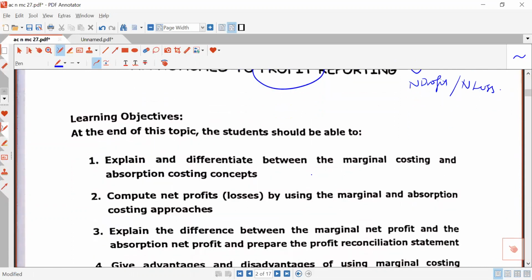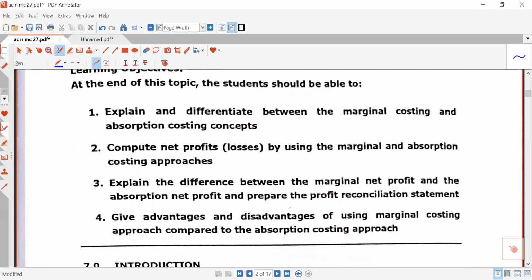So in this topic, let's look at the learning objectives. First, we're going to explain and differentiate between what is new in this topic, marginal costing, in short we call it MC, and absorption costing, in short we call it AC.